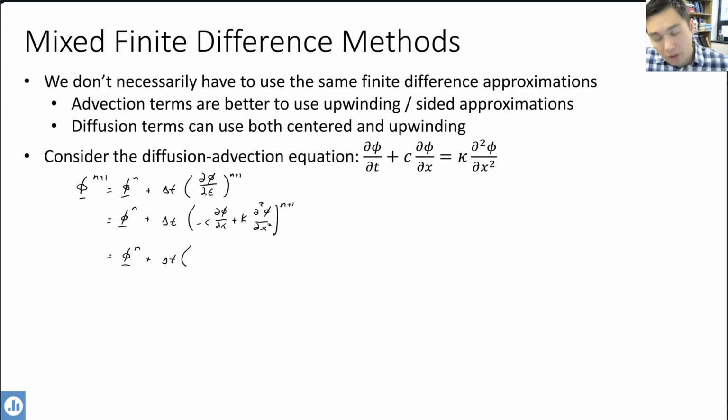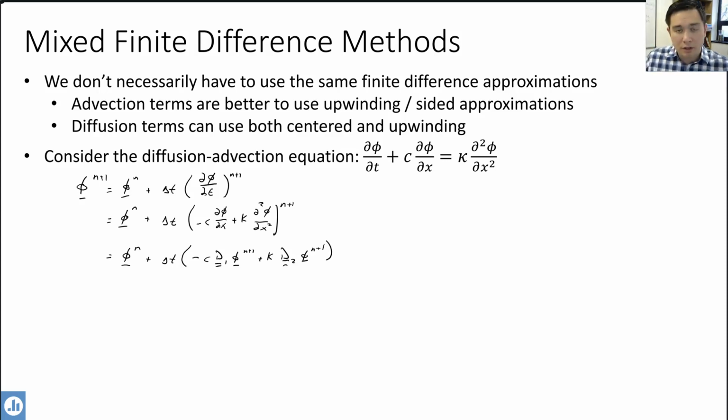And if we wanted to, we could write this in our matrix operation representations. This would be something as simple as c times D1 phi n plus 1 plus kappa D2 phi n plus 1.